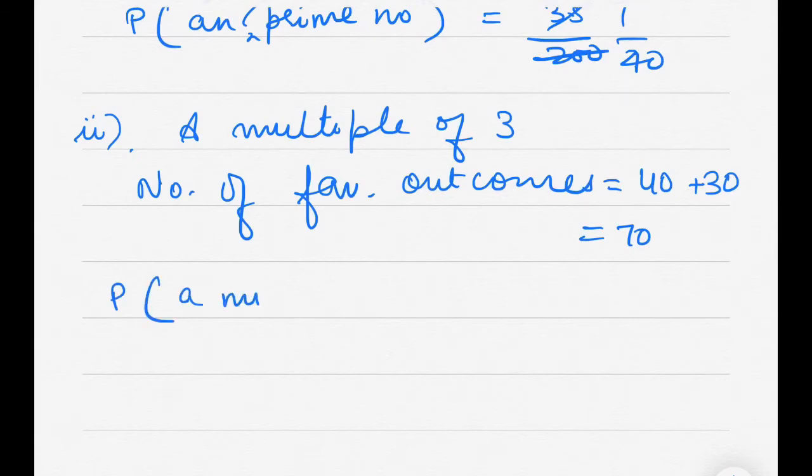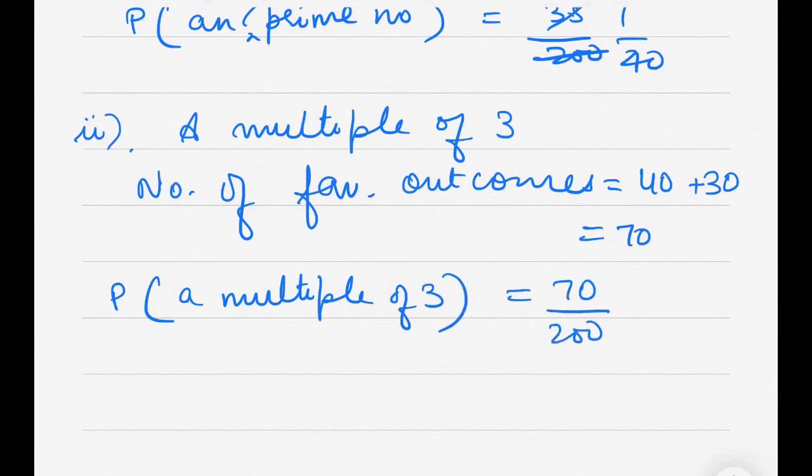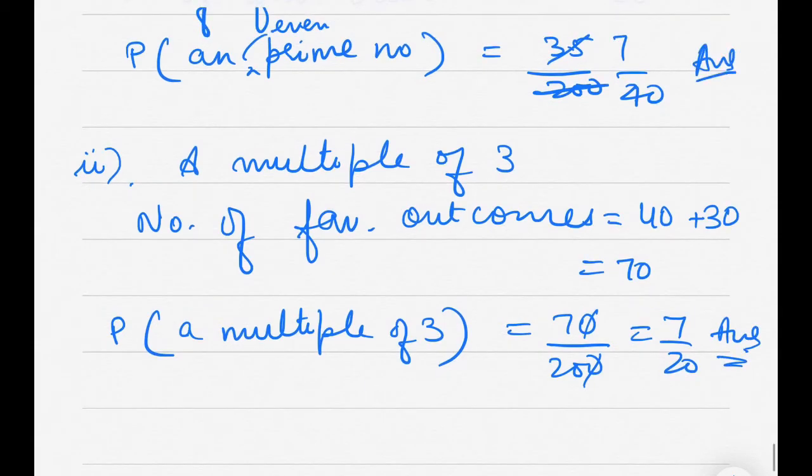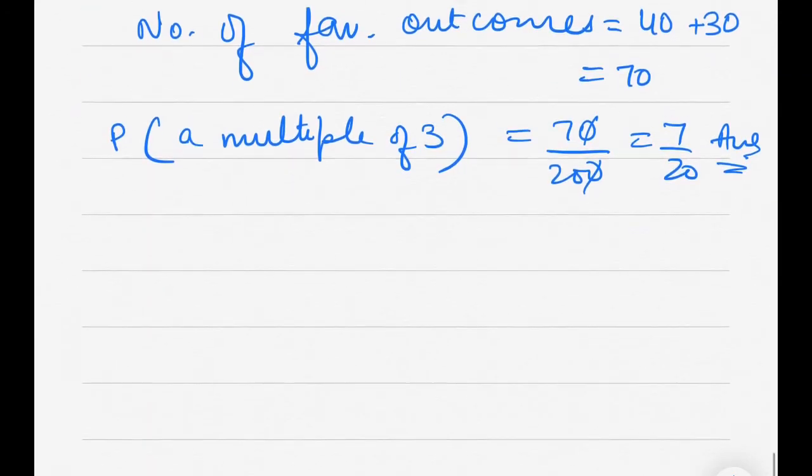So the probability of getting a multiple of 3 will be equal to 70 by 200, which is equal to 7 by 20. So this is the first answer, and this is my second answer.